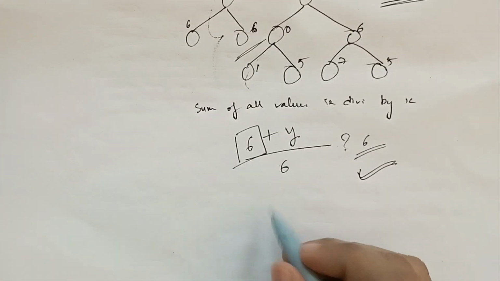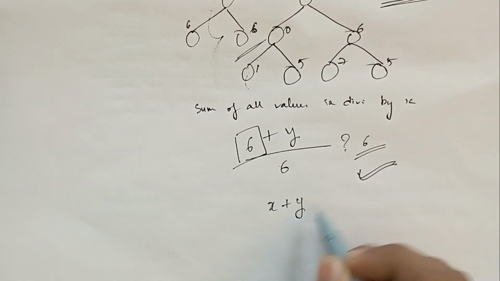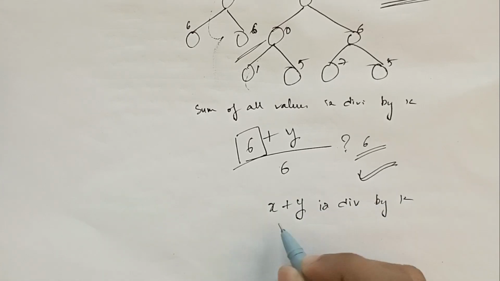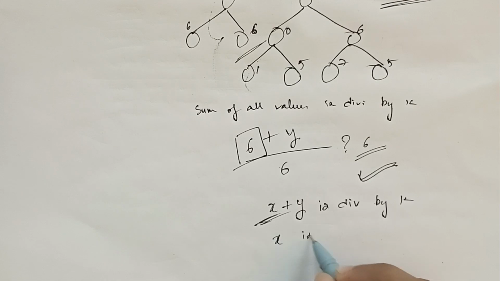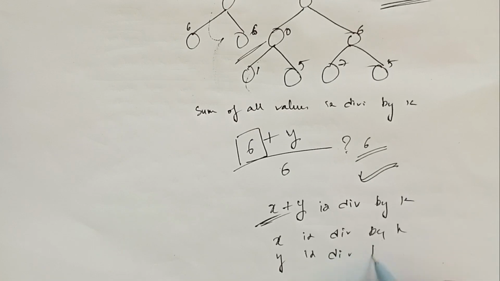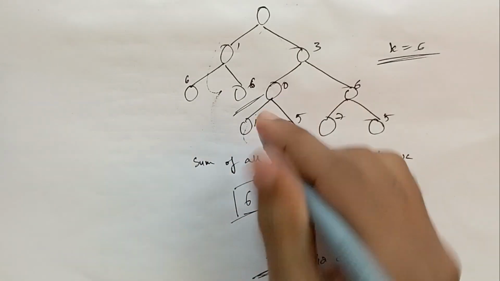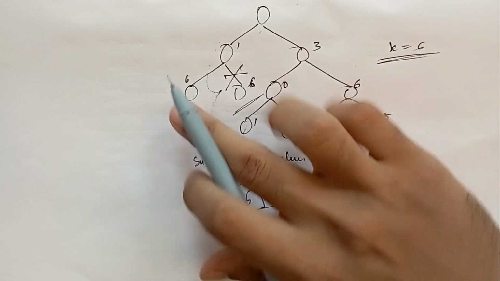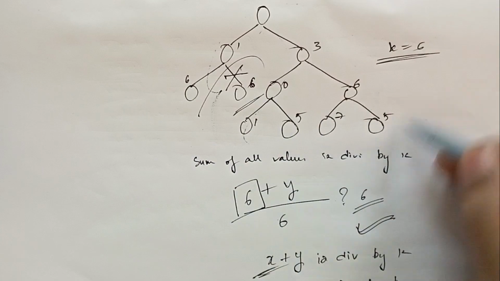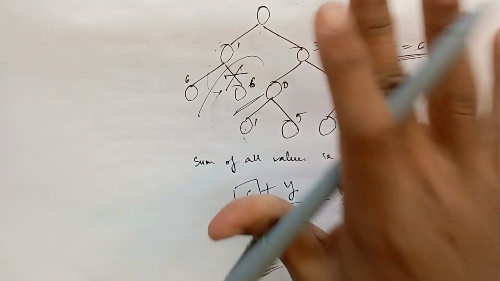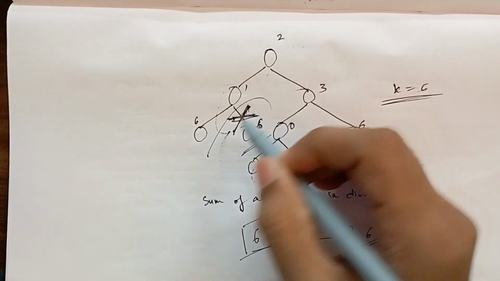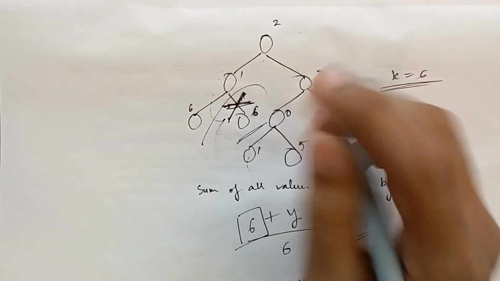Absolutely yes, because if x plus y is divisible by k, and x is divisible by k, then y is also divisible by k. Even if you remove this component and treat all this as an individual component, it is also divisible by k. So there are no worries about removing this connection from the tree.